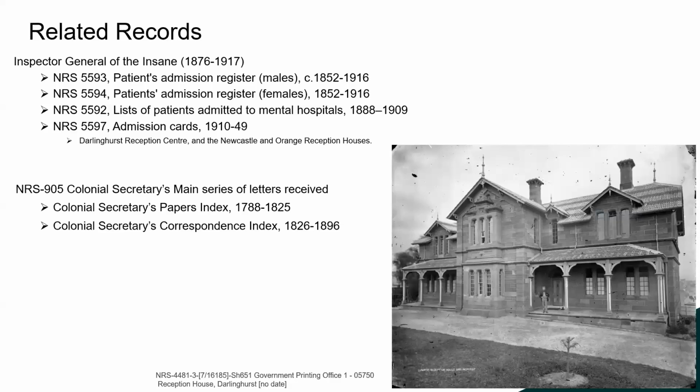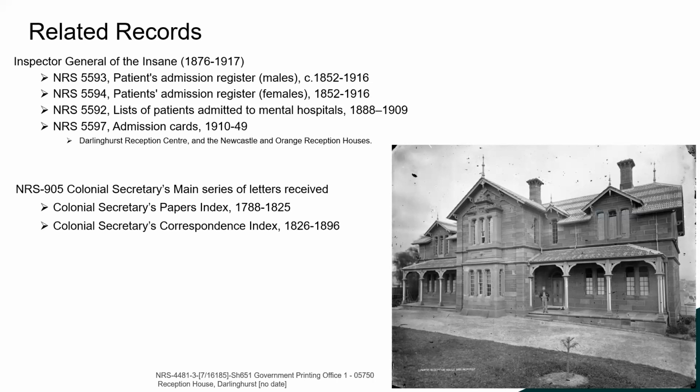We do hold some general indexes, which is always a good way to get into these records if you're not sure of what mental health facility a person might have been in. We have the male and female admission registers, which go from 1852 to 1916. And then that admission cards 1910 to 1949, which is for the reception houses at Darlinghurst, Newcastle and Orange.